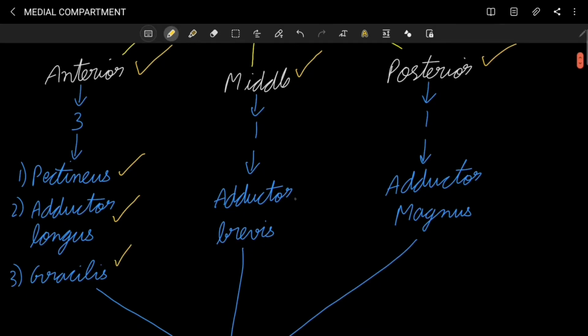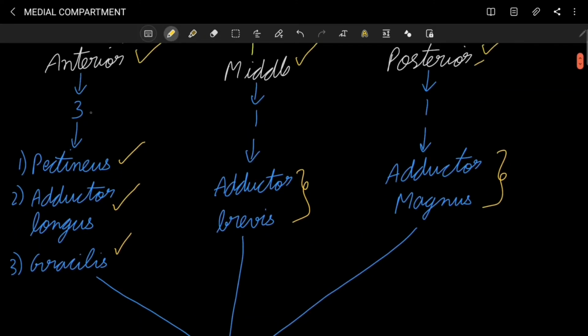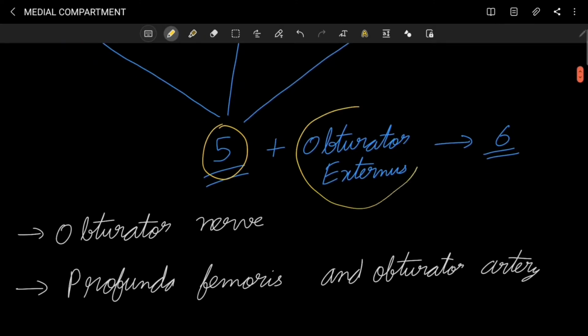Middle layer, adductor brevis. The posterior layer, the adductor magnus. So it's three here, one here, one here, which makes 5 muscles which make up the medial compartment of the thigh, plus another extra muscle called the obturator externus, which makes it 6 muscles at the end.